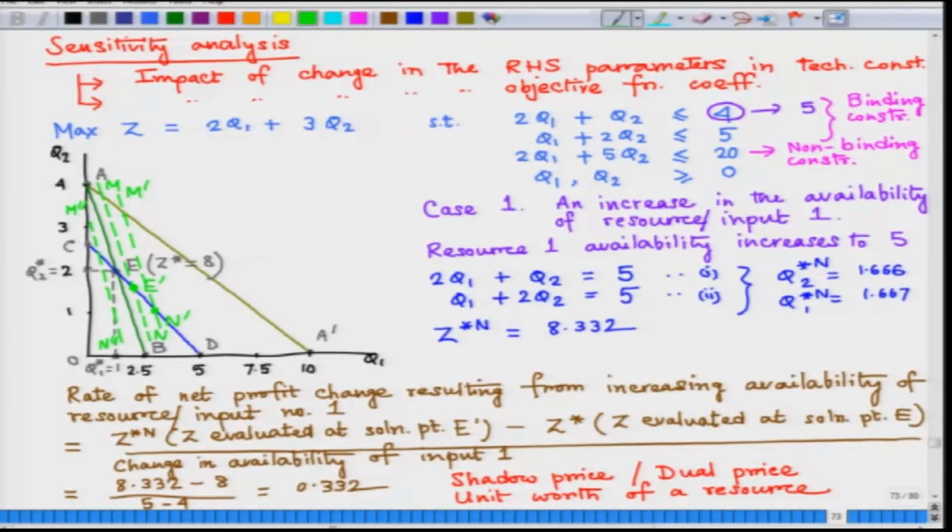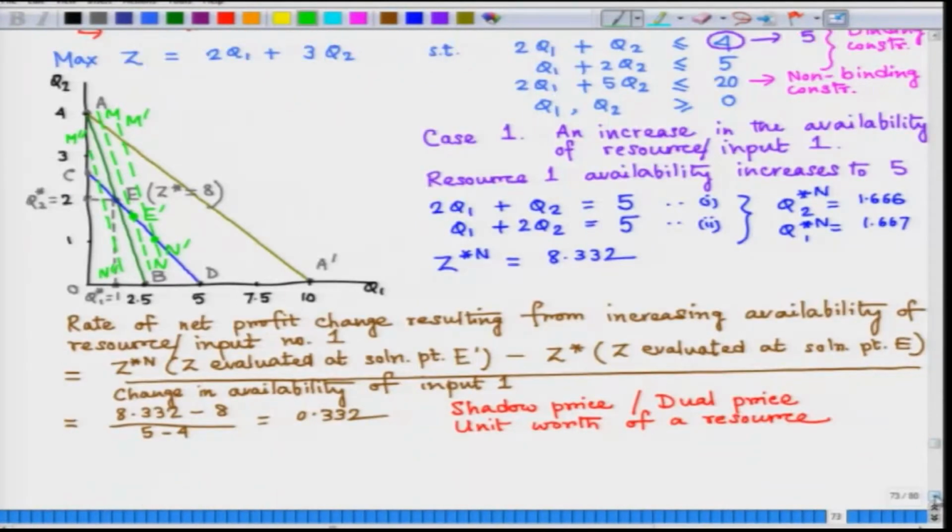So, for that let us have a look at a numerical analysis. Okay. So, one can find out the minimum input 1 capacity at point C, which is basically one corner point in the feasible solution space given by coordinates 0 and 2.5.